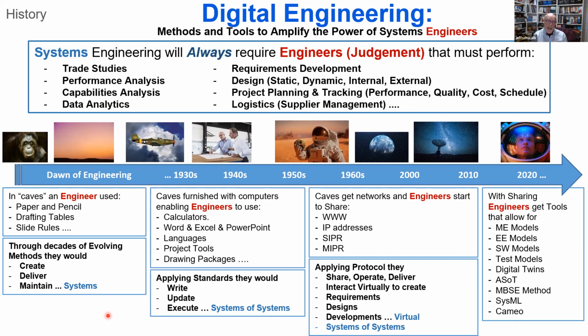Next, in the late 20th century, our caves got furnished with networks. Now we started to connect through the World Wide Web and other kinds of networks. And eventually with protocol, we were able to share, operate, and deliver all of the kinds of things that make up these systems of systems, but in a more virtual way.